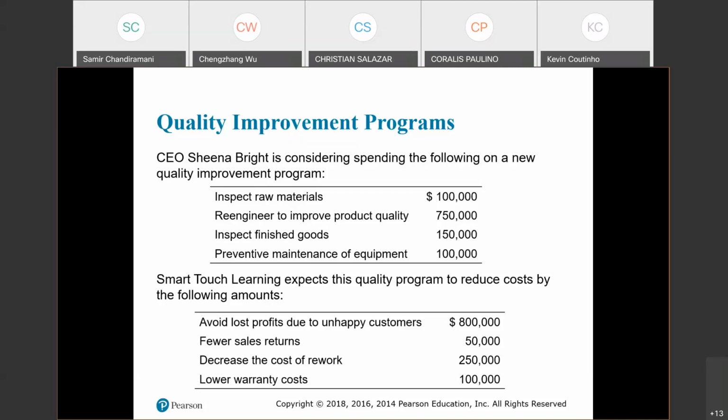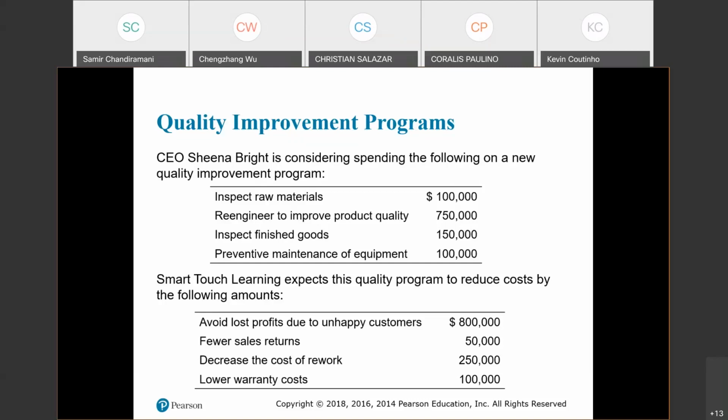And also, the company expects this quality program to reduce costs by the following amounts. $800,000 can be saved by avoiding lost profits due to unhappy customers. $50,000 can be saved due to fewer sales returns. $250,000 can be saved due to decreases in the cost of rework.